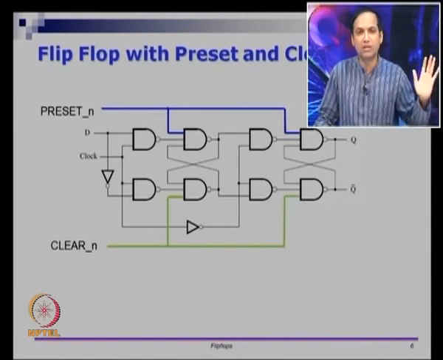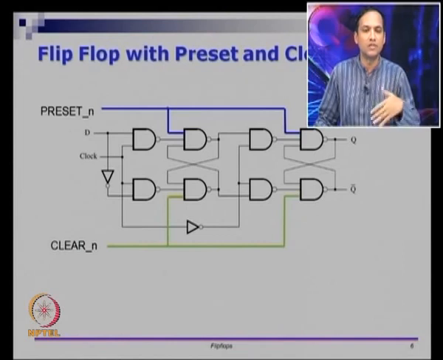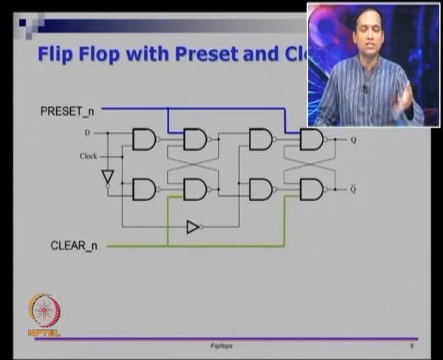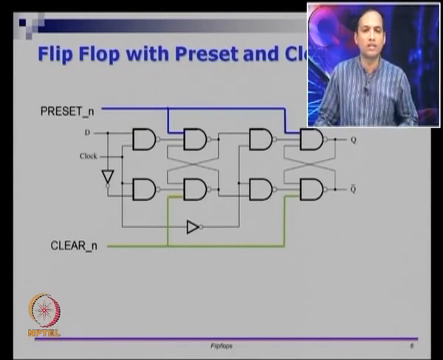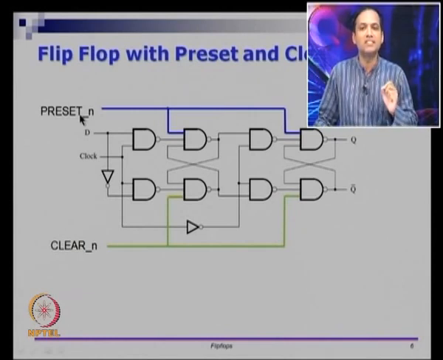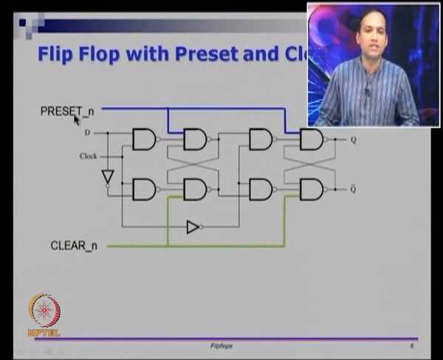So, whenever preset is on, this is something you do when the circuit comes up, you may not have any data input yet, and you want the flip flop to have 1 at the output. In those cases you bring a preset. So, a preset of 1 means the flip flop should be set to 1.